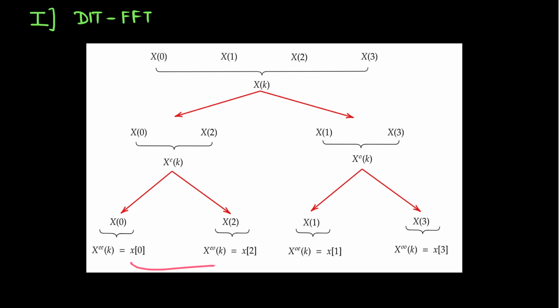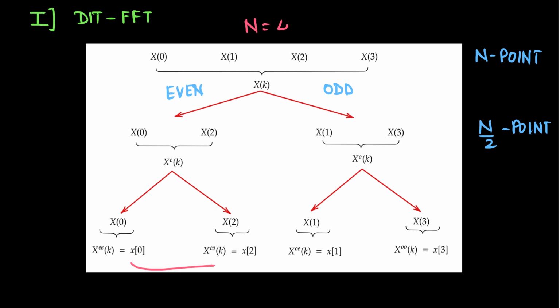So initially we had this N point DFT, then we split them in two parts, that is even and odd, and then we got this N by 2 point DFT. So in this example here, the value of N is equal to 4.